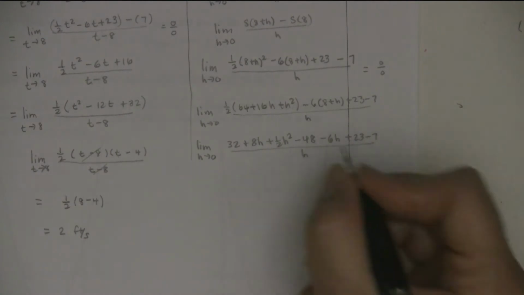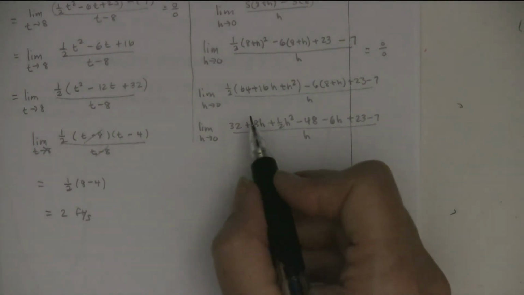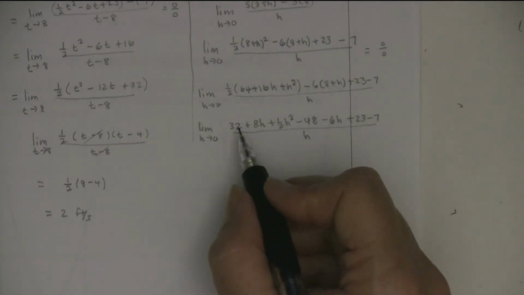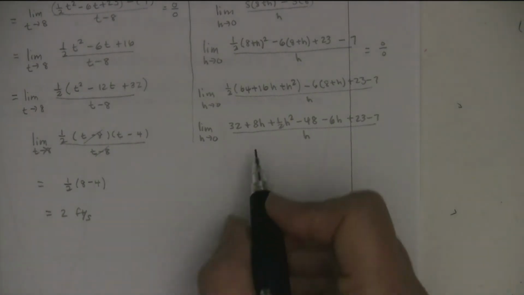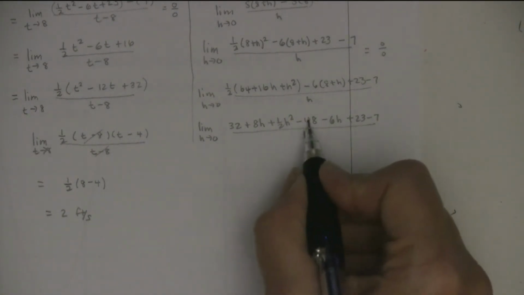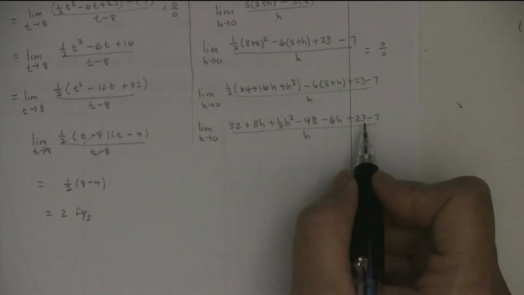So let's see, 32 on numbers, take away 48, add 23 and take away 7 is 0.